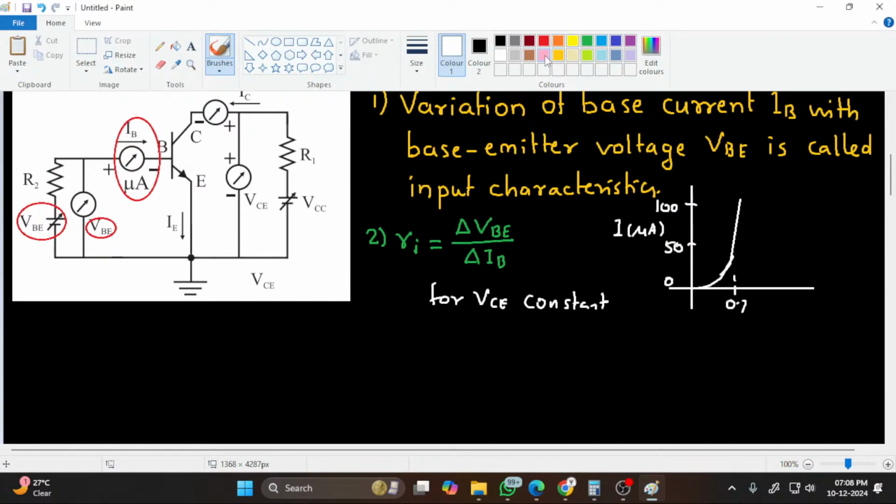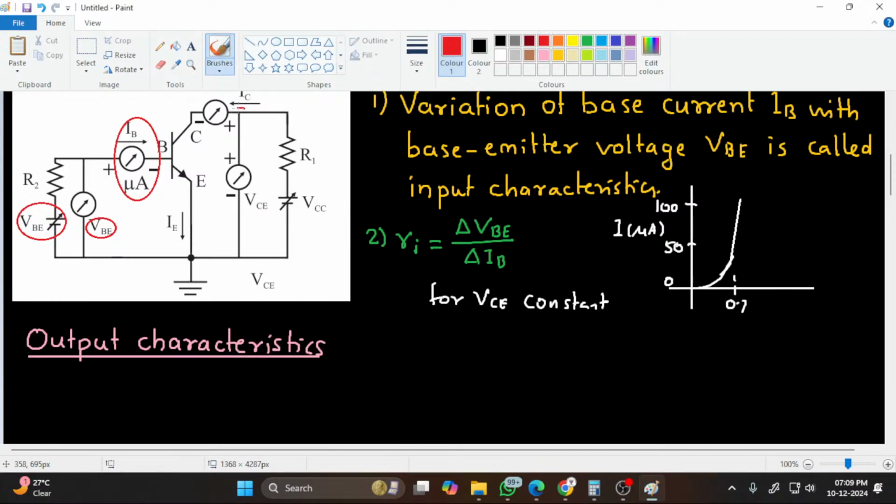If you want to write about output characteristics, we can write that it is the variation of collector current with variation in collector emitter voltage.